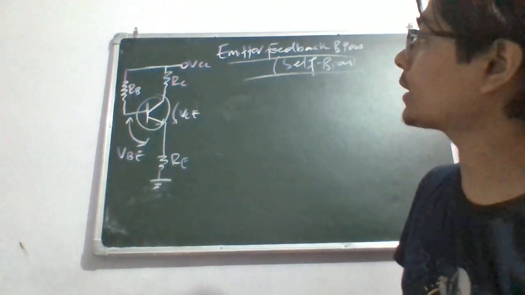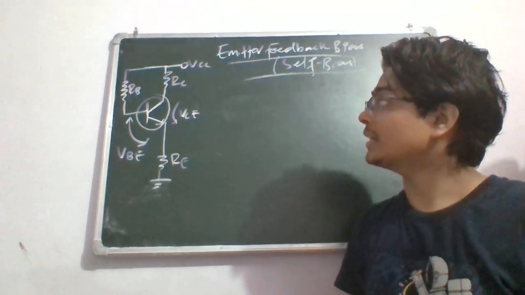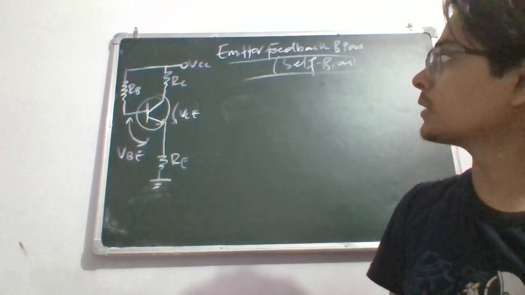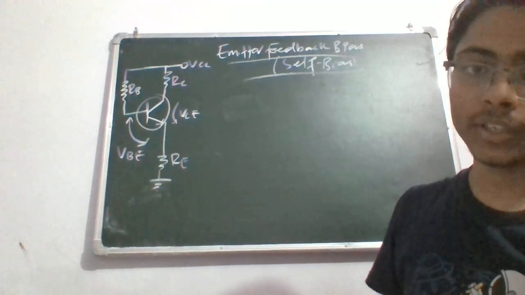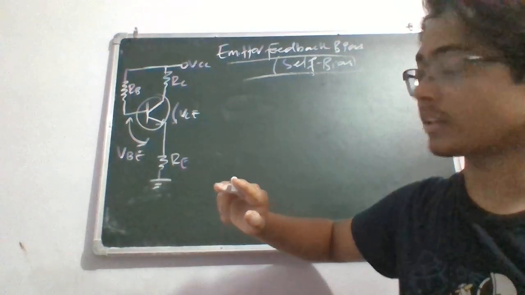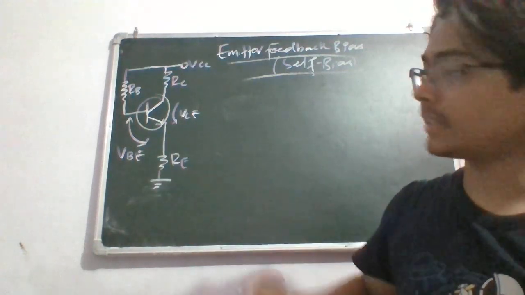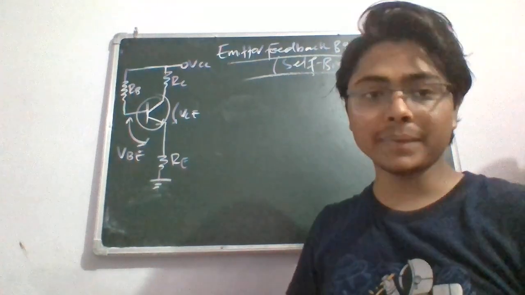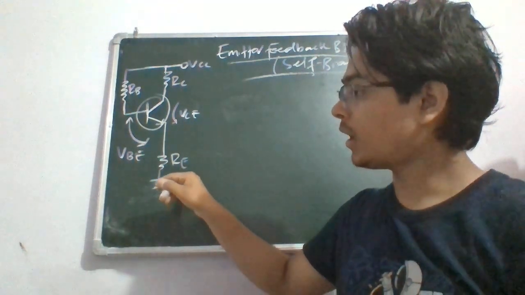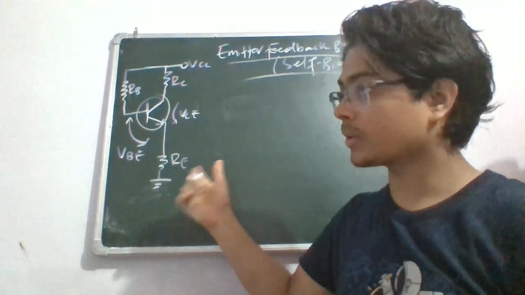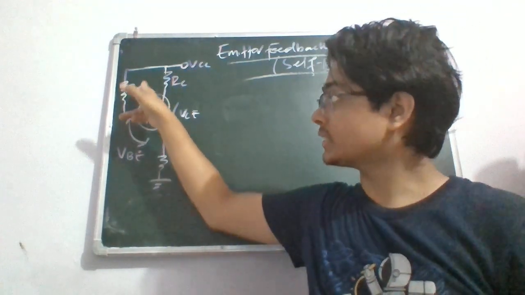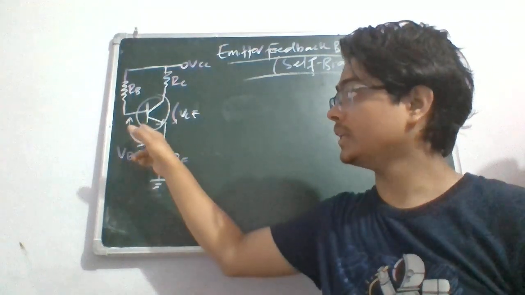In this circuit, when beta increases, it increases the collector current. This RE is a feedback element in the circuit, and because of this feedback element RE, it suggests that we decrease IB, which is the base current.